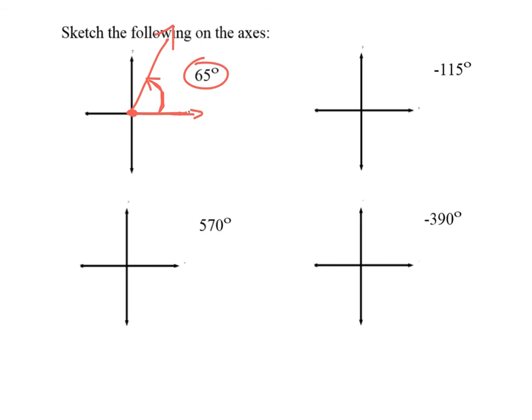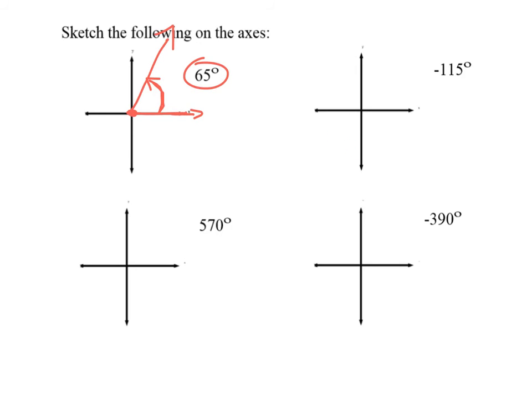Done. Negative 115. All right, so here you might have to think a little. So this is negative 115. This is the x-axis, where it starts. We don't have to draw it. But I'm going to start here and go down. If I go down to this spot, I go down to 90. If I go all the way over to here, I go to 180. So this is negative 90. So negative 115 is going to be somewhere in here.